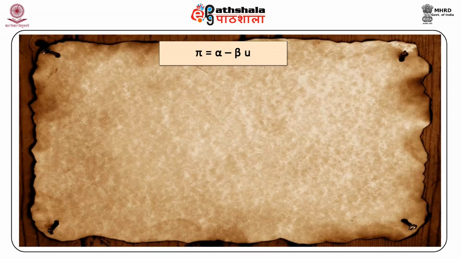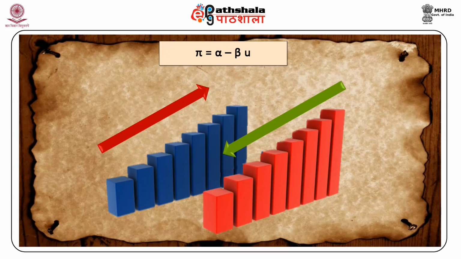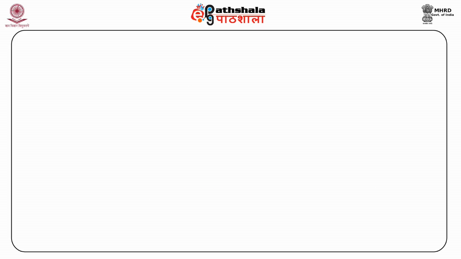The equation establishes an inverse relationship between the rate of unemployment and the rate of inflation. If one falls, the other rises, and vice versa. Let us understand with the help of the following diagram.